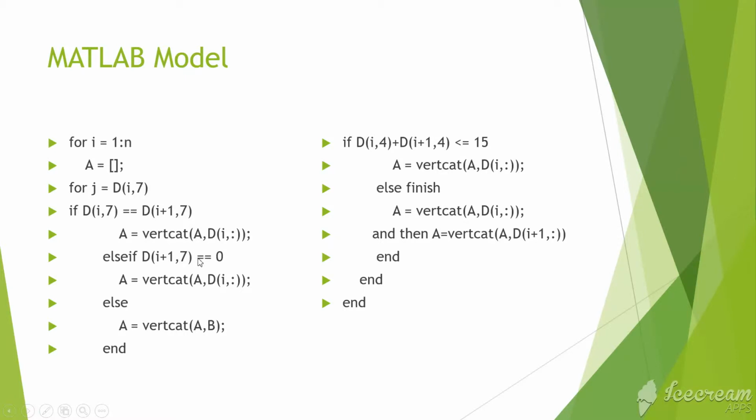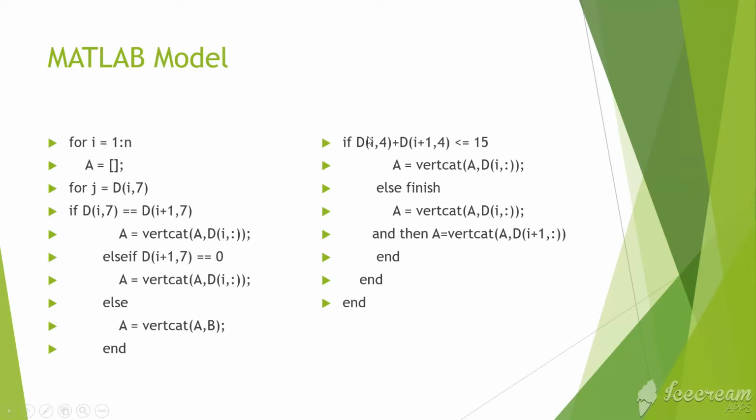Else, if it equals 0, we do the same thing. But if they don't match, then we record in an array B, where B stands for the base of the drivers, so the vehicle can go to the base and drop off the driver. The next if statement is about the capacity.